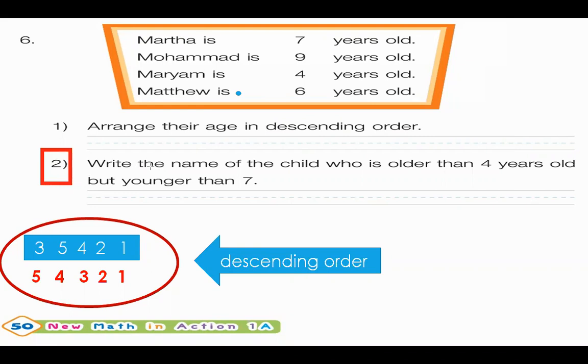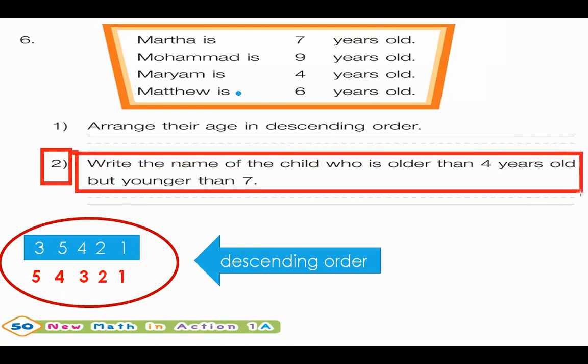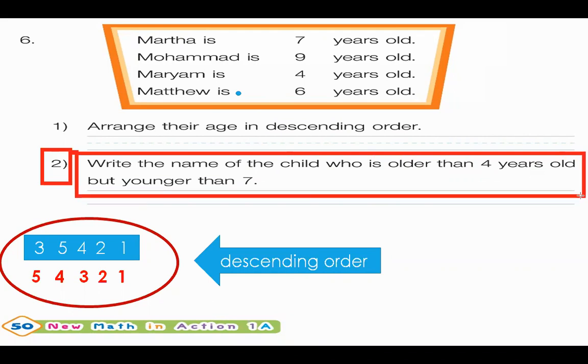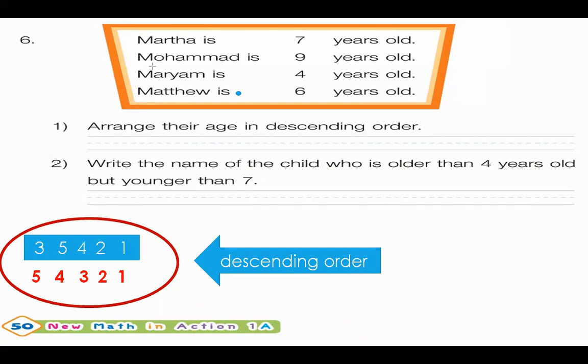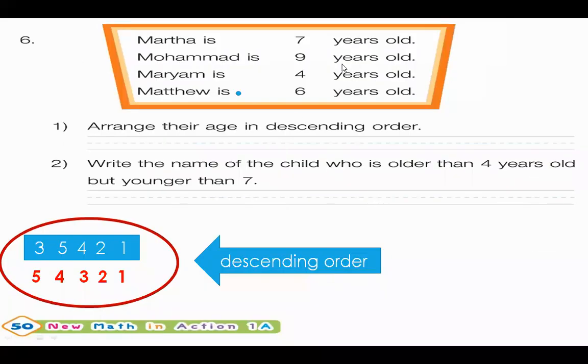Okay, number 2. Write the name of the child who is older than 4 years old but younger than 7. So you have to write the name of the child. These are the names. You choose the name here and then write it here.